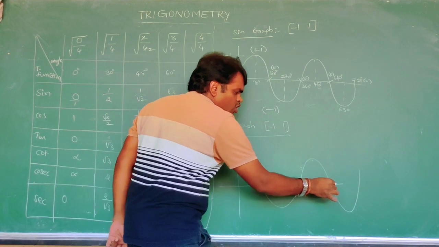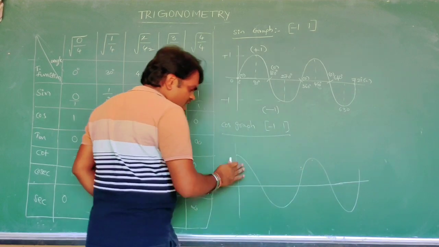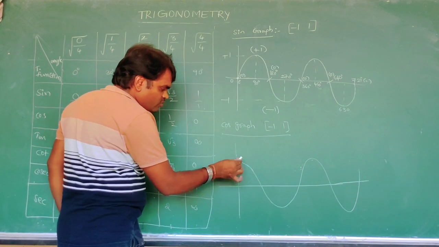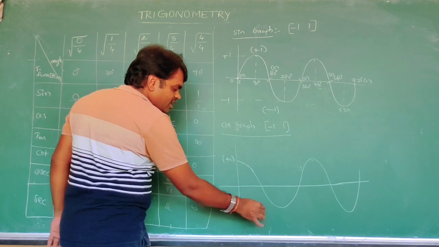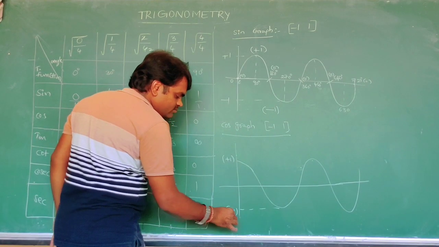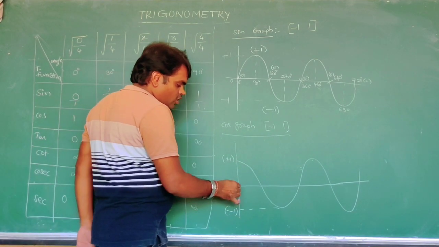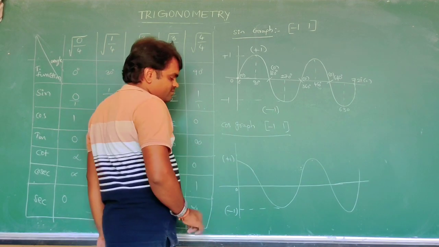Like this, also a sinusoidal wave, but at a 0 angle it starts here at plus 1. Here it is minus 1. That means here it is 0. Cos 0 we know is plus 1.